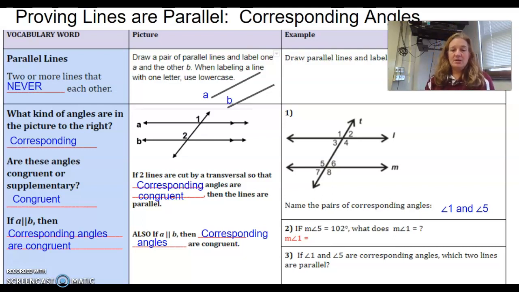So if angle 5 is 102, how much is angle 1 going to be? 102. If the lines are parallel, corresponding angles are congruent. If the corresponding angles are congruent, then the lines are parallel. Okay? So if angle 1 and angle 5 are corresponding angles that are congruent, which two lines are parallel? L and M. I should have changed that.